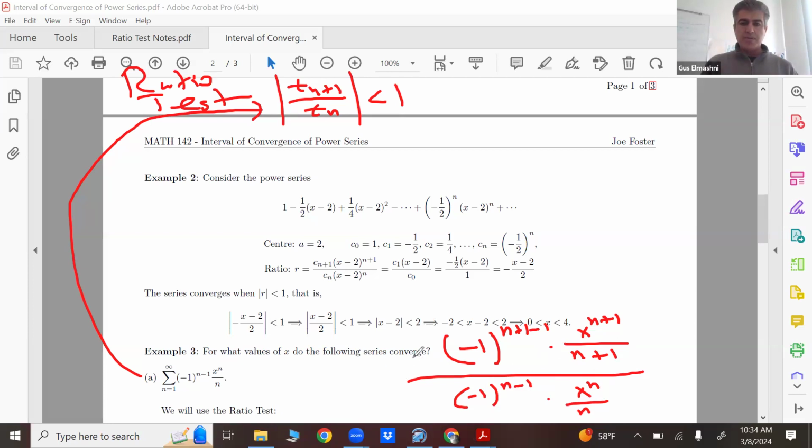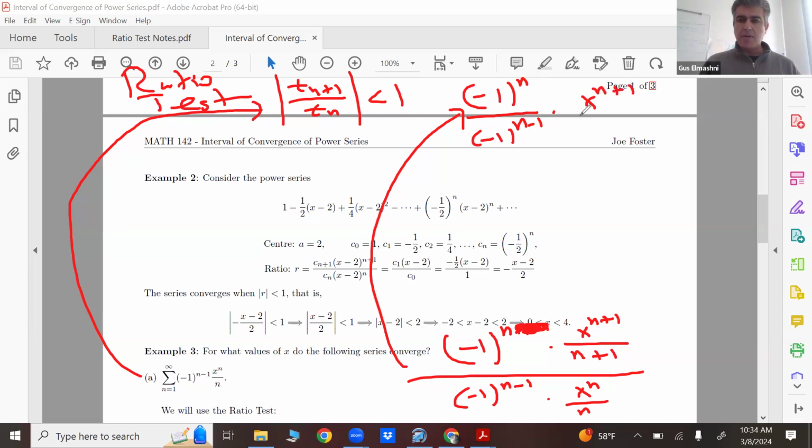When you reduce, here's what I suggest you do. Break it up piecemeal. For example, those just cancel, right? So you have -1 raised to the n over -1 raised to the n minus 1, times x to the n plus 1 over n plus 1, and you flip the other guy.